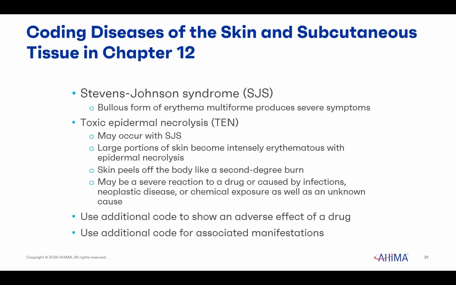We can also have necrolysis, this type of skin dying, which may occur with SJS. Again, if it's due to an adverse effect of a medication, we would code that, and any other associated manifestations, also code that.